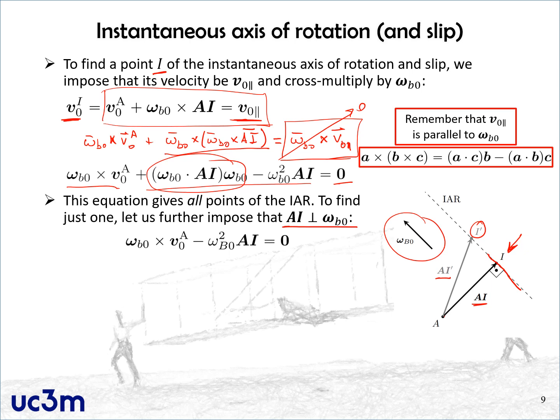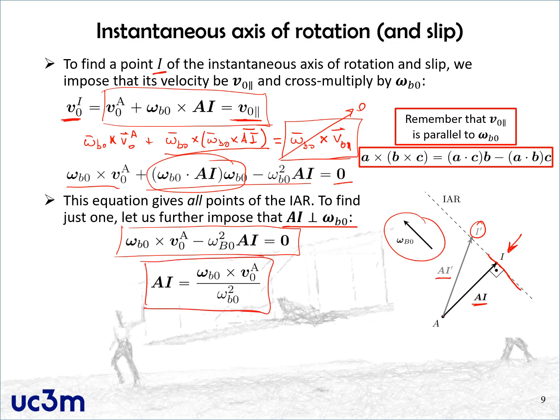So this is the equation that gives us precisely that point. Of course, we can rearrange this equation to solve for the vector AI, which gives us the position of the point that we are looking for. Observe that this procedure is identical whether you are looking for the instantaneous axis of rotation and slip, when you have a slip, and when you don't have it.